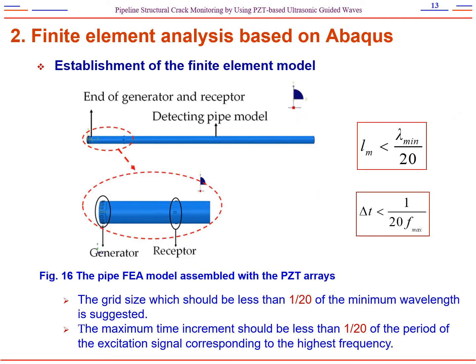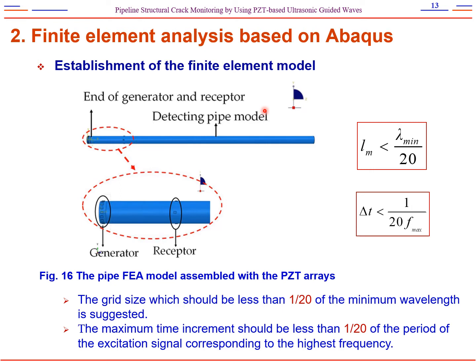To generate an L02 mode guided wave for identifying the circumferential crack, a group of 16 piezoceramic elements simulating the PZT patches array used as actuators are uniformly arranged along the pipe model, and another group of 4 piezoceramic elements used as sensors are uniformly bonded on the surface of the model at the same end.